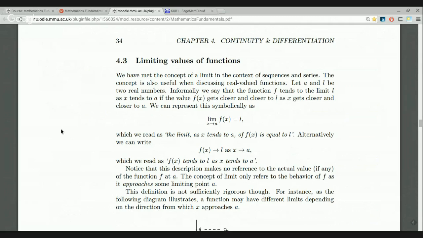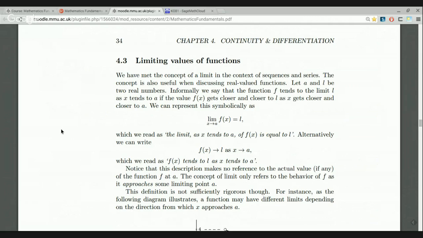Now this is very similar to where we looked at convergence in sequences and series. We're studying how something changes as we change a parameter, and then considering what the limiting behavior is as we continue to change the parameter.